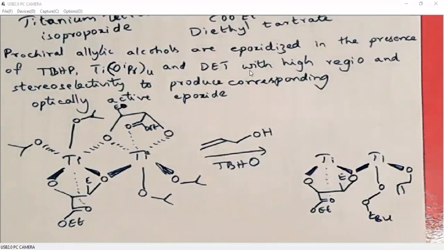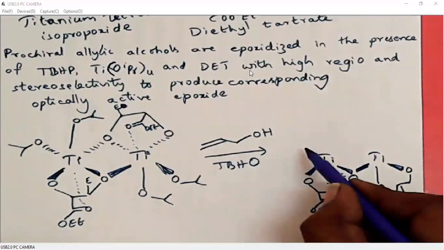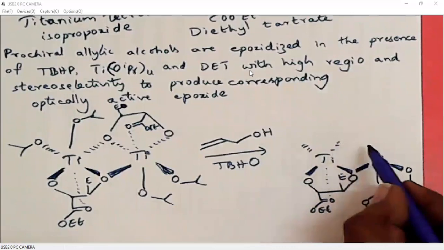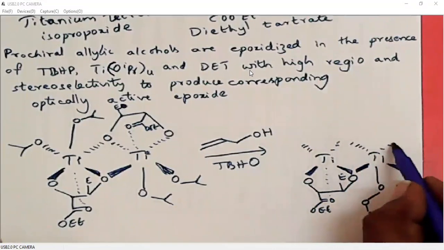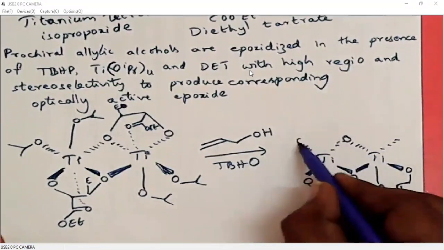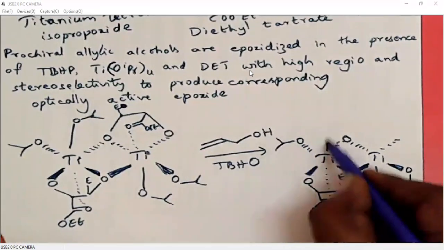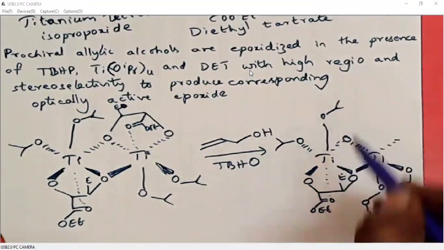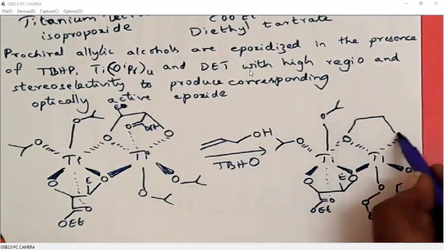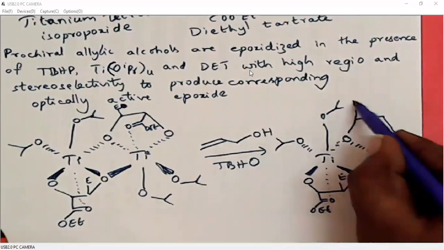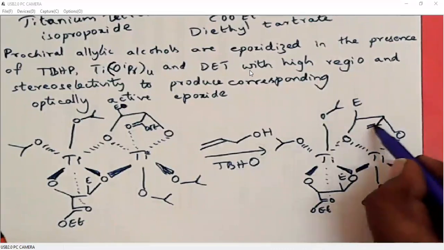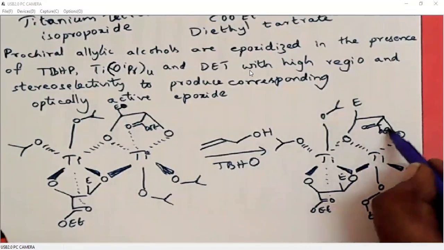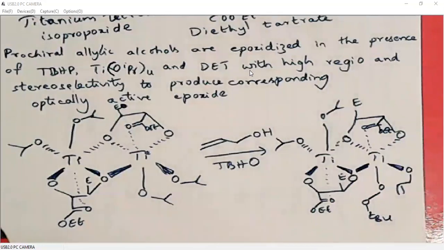This is tertiary butyl hydroperoxide. So this oxygen must be placed near the double bond so that it will undergo epoxidation. On the other side there is no change. OET, so this sixth coordinate is satisfied with this.